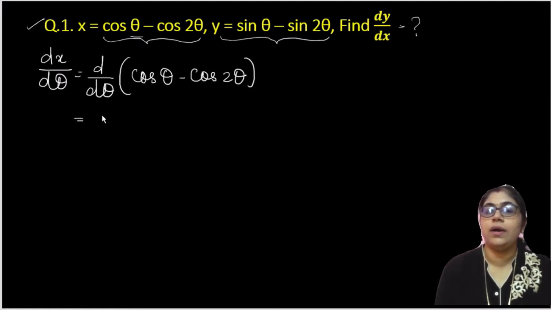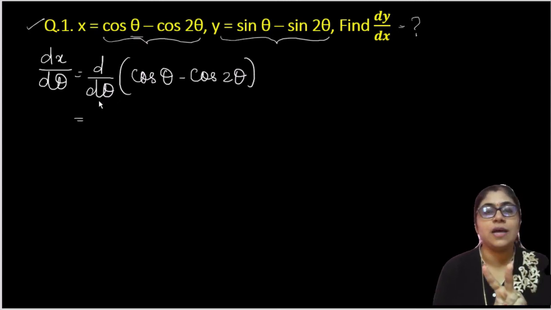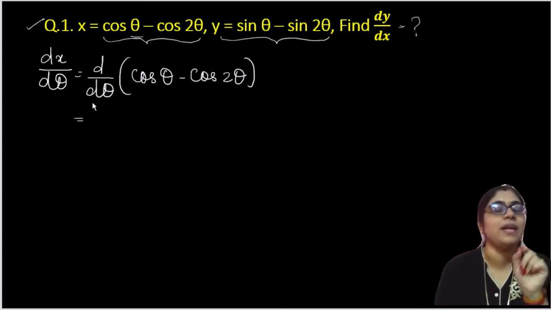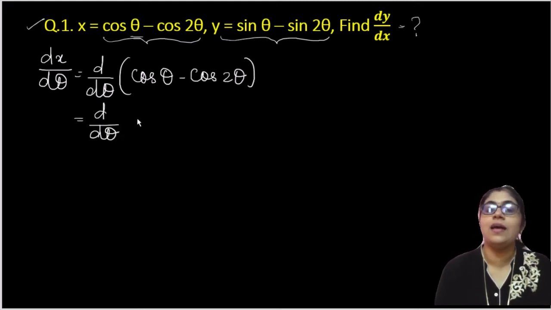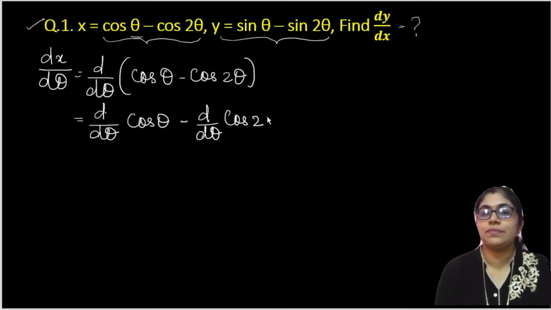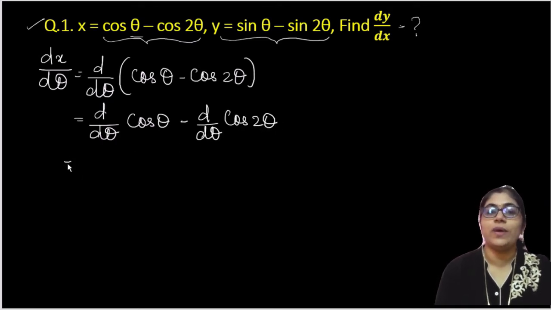We know the differentiation of a sum is the individual differentiation of those two functions. This is d/d theta of cos theta minus d/d theta of cos 2 theta. So this equals minus sin theta, and what happens here?